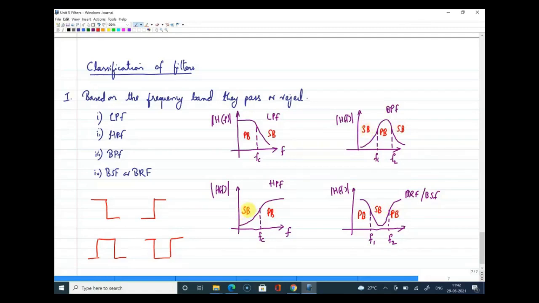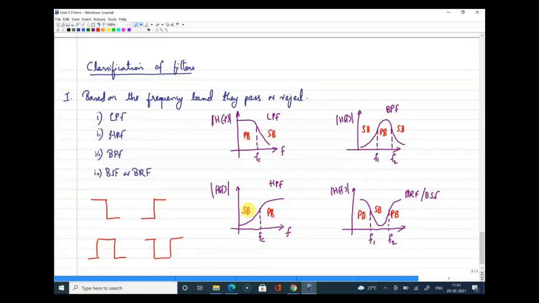The question is, how are the cutoff frequencies defined? Yes, Anushka, that's a good question. Now you can see there are four different types of filters, and the cutoff frequencies are defined basically by looking at the components in the filter. Quickly, we'll see one or two examples.